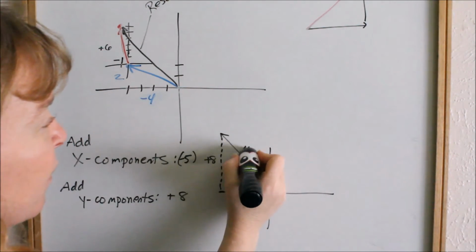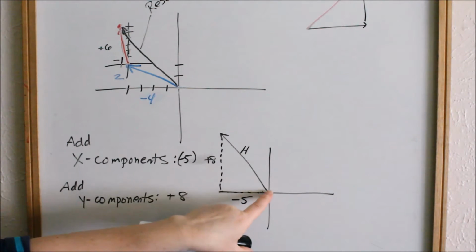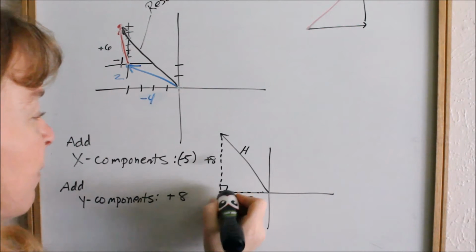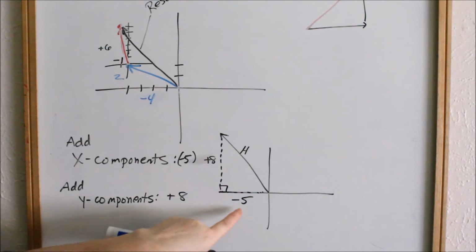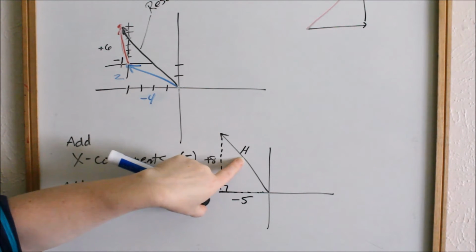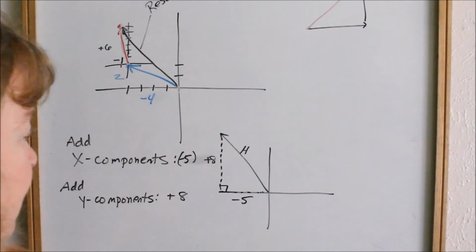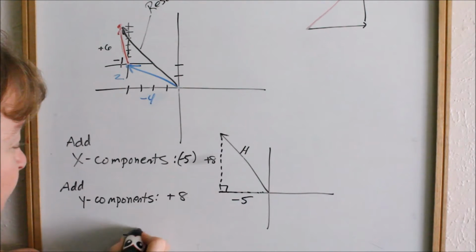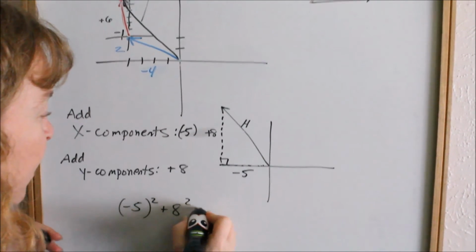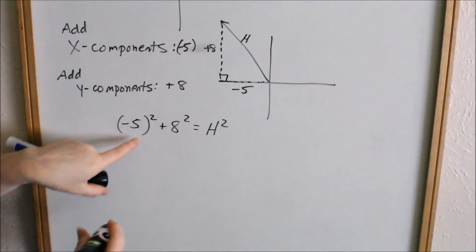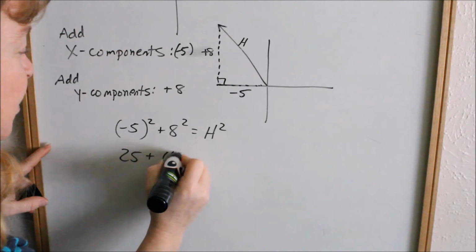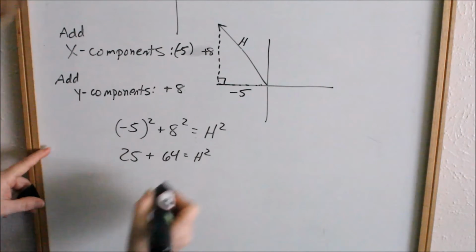Okay, so how do I find the length of this resultant? I use Pythagorean theorem because I still have a right triangle. Using Pythagorean theorem can help me determine the length, the magnitude of my resultant. So -5, use parentheses, squared, plus 8 squared equals hypotenuse squared. -5 squared is +25. 8 squared is 64.